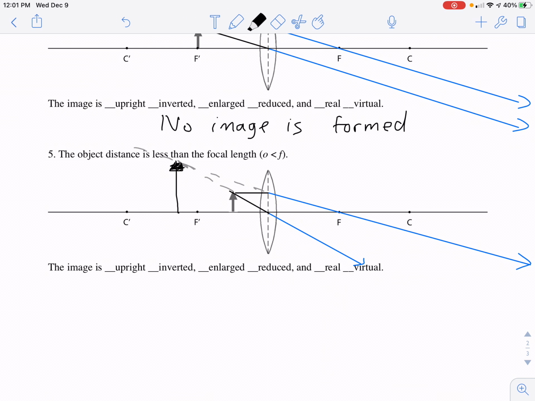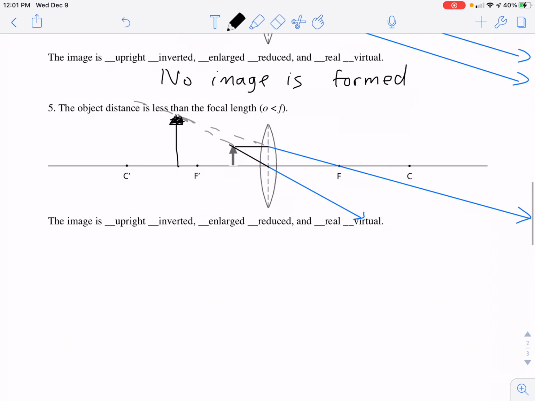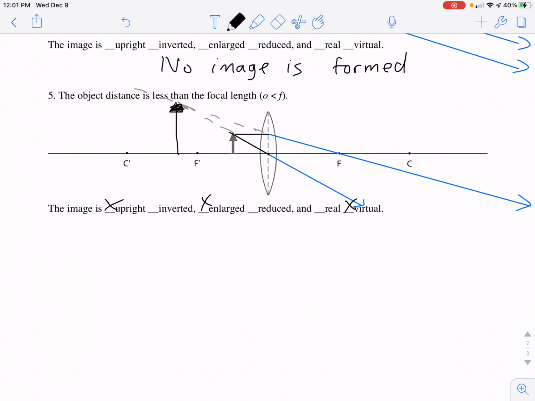But you should also be able to see that the back rays are converging in this one, producing an example of an upright, so we have a right side up arrow, enlarged, the image is bigger than the object, virtual image. Real images happen on the far side, virtual images happen on the near side. This would be a perfect example of a magnifying glass. If I take a magnifying glass and I put it really close to an object, I end up getting an object that's bigger and upright.